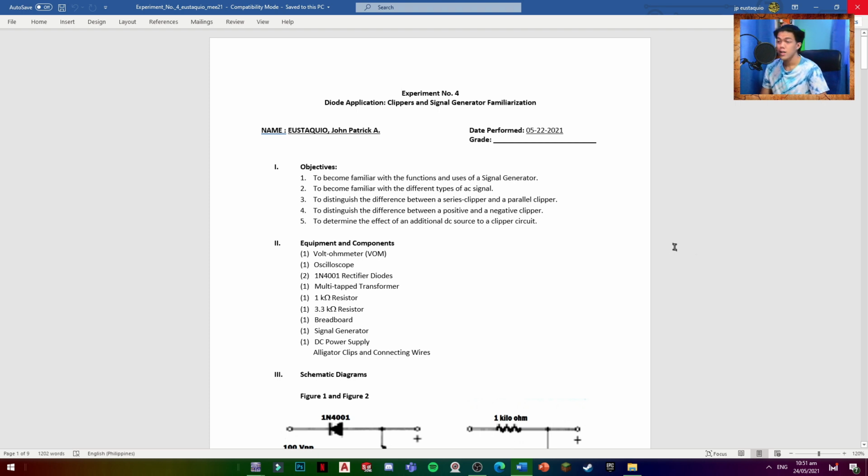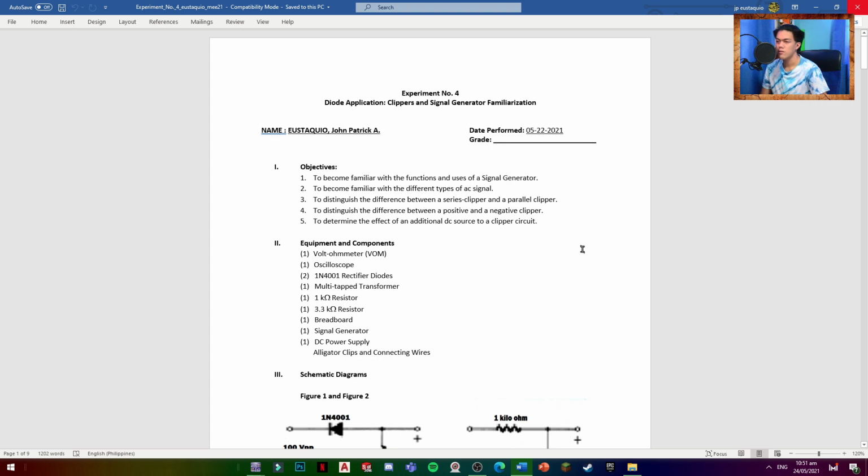And here are the equipment and components used. Since it's online, we're going to use the equipment from Multisim virtually.